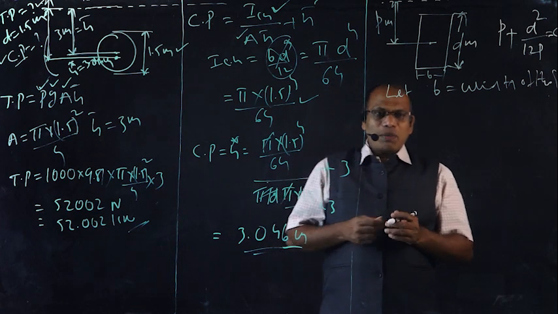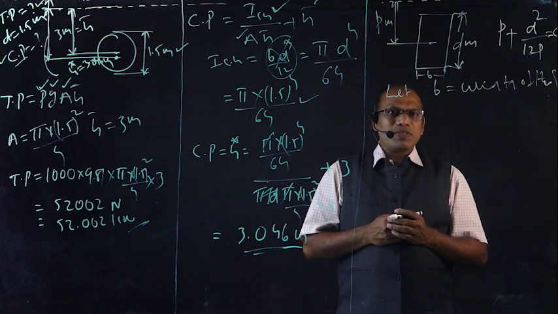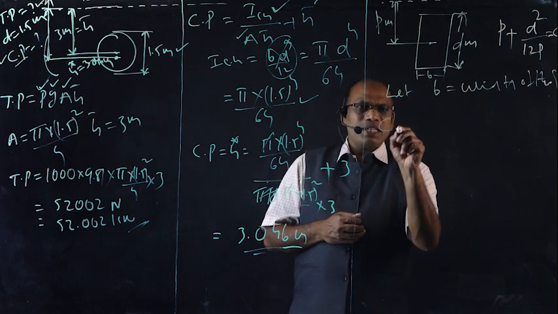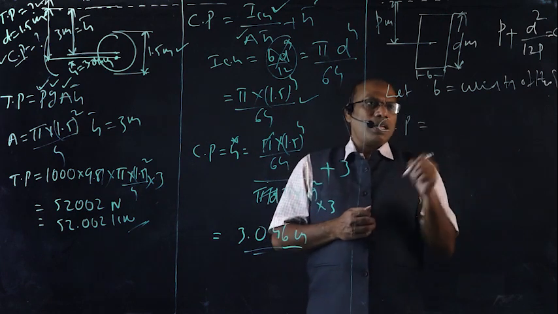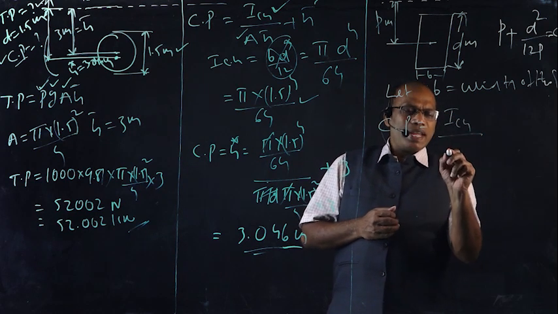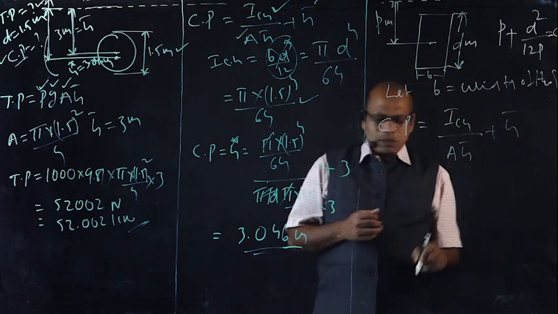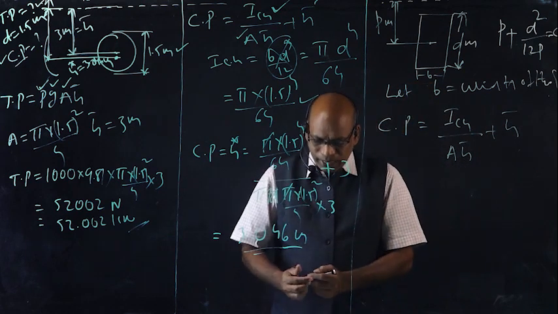Now we know one formula for the determination of center of pressure, Cp is equal to ICG divided by A H bar plus H bar. Right?